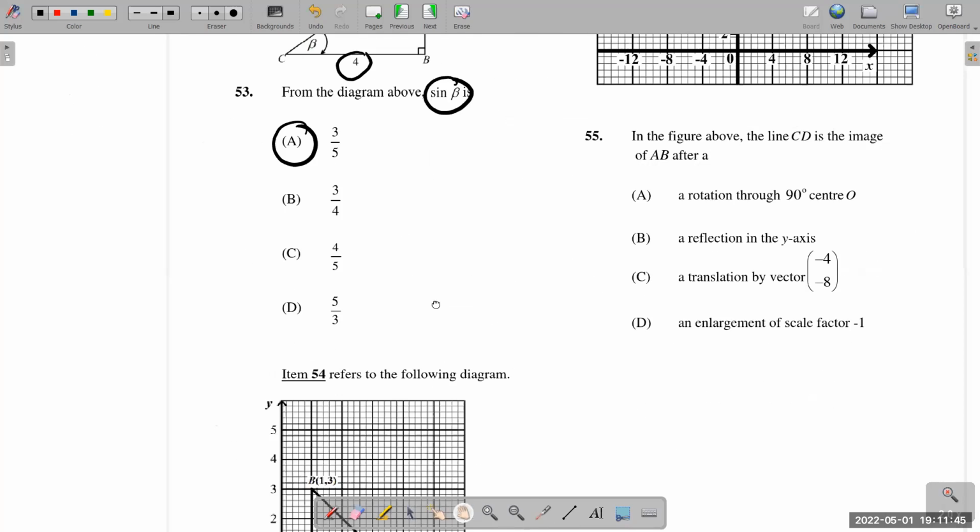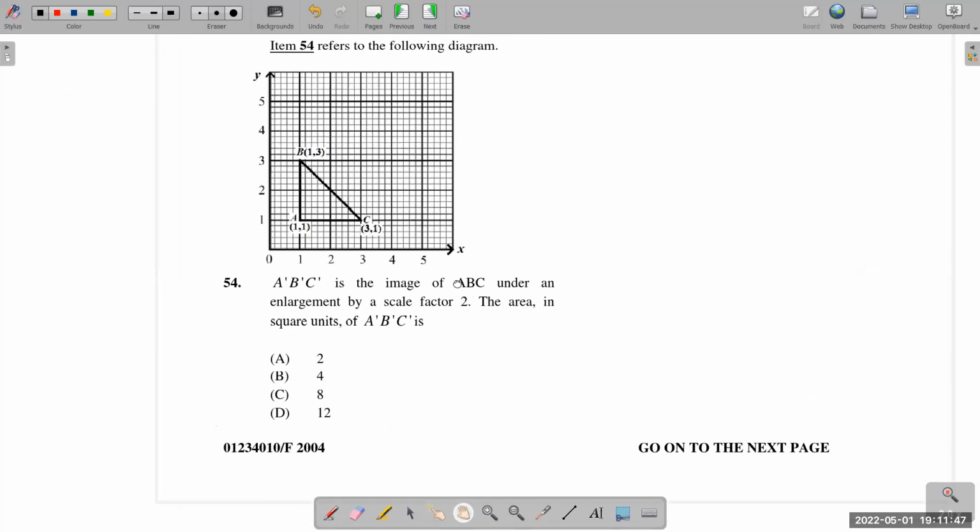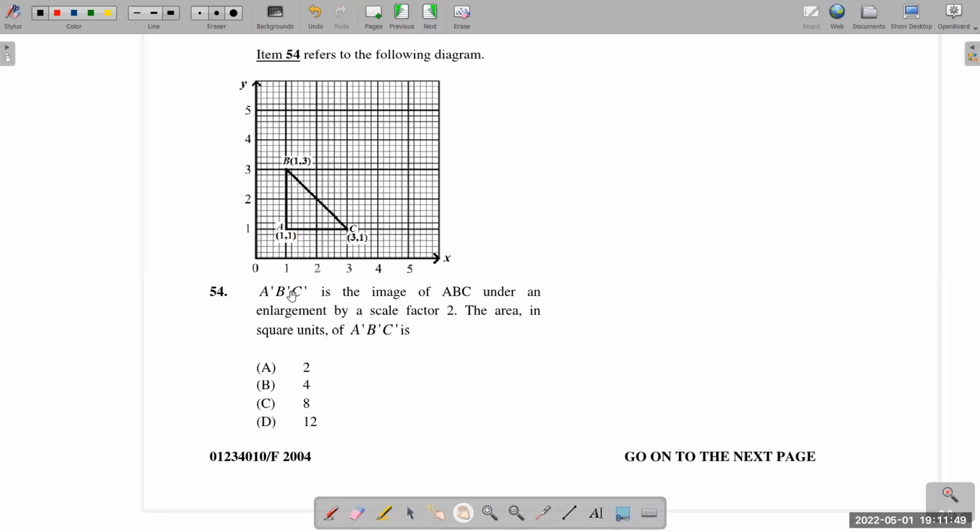What was that? 53. So let's do 54. Okay, so A'B'C' is an image of ABC under an enlargement factor of 2. The area in square units of this is what? Obviously, this is the original shape, right? And the area of this original shape is what?